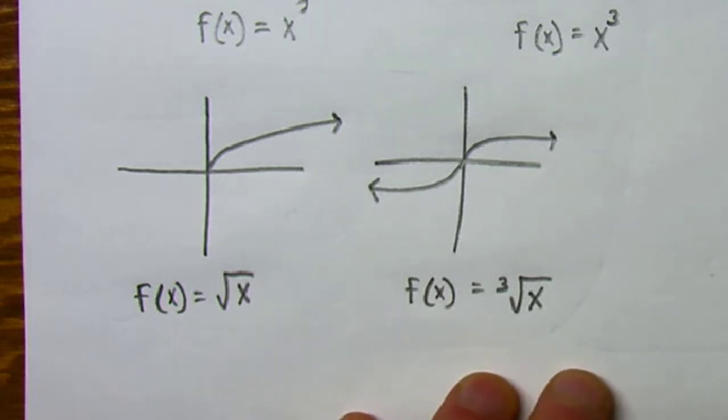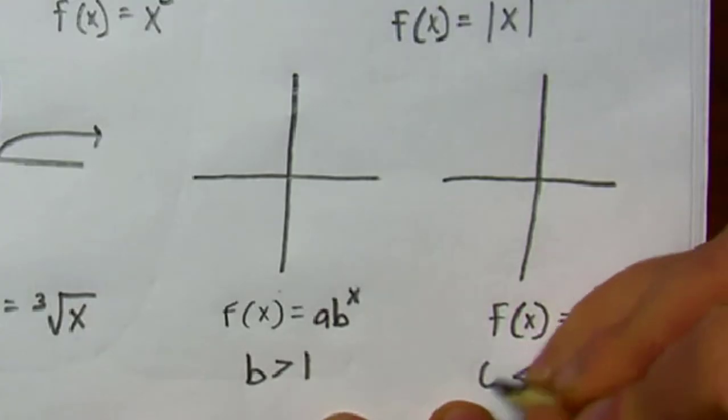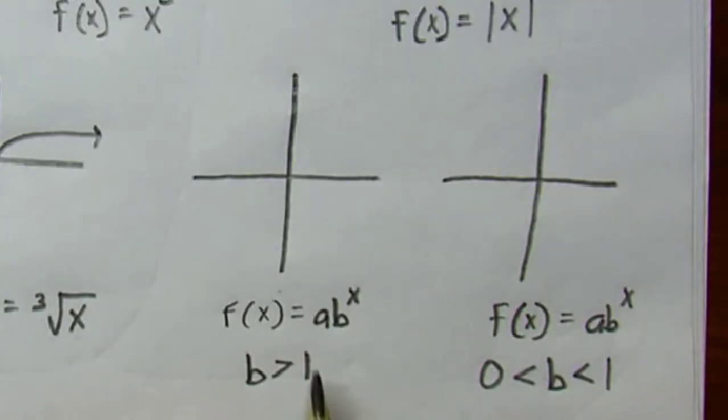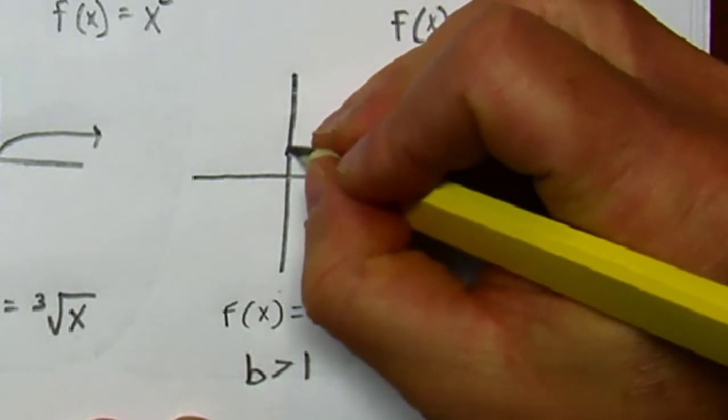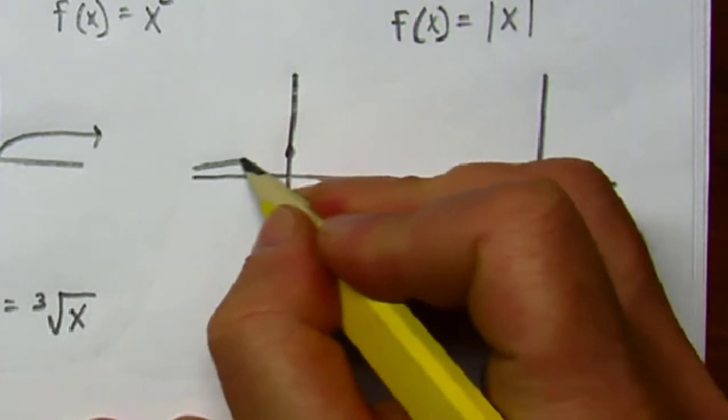Now, we're going to add two more. And the two that we're adding now are the exponential growth function a b to the x, both where b is bigger than 1 and where b is between 0 and 1. So what does the exponential function look like with a base that's bigger than 1? Well, it should cross through the point (0, a) and it should be growing.